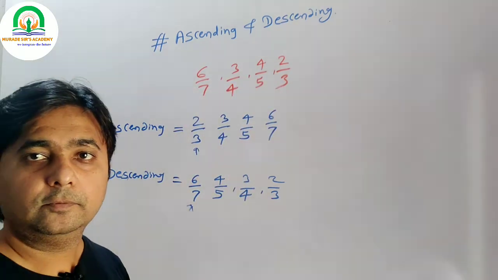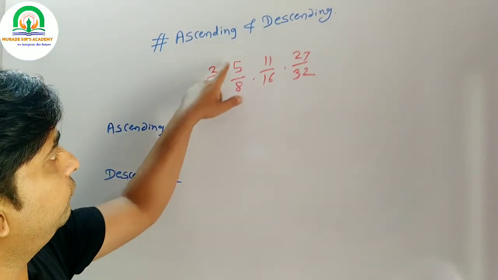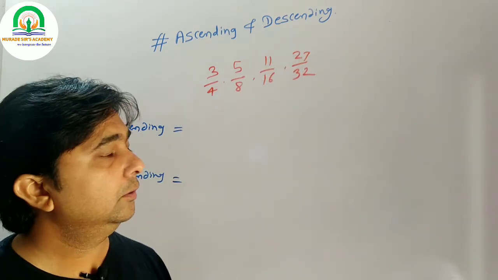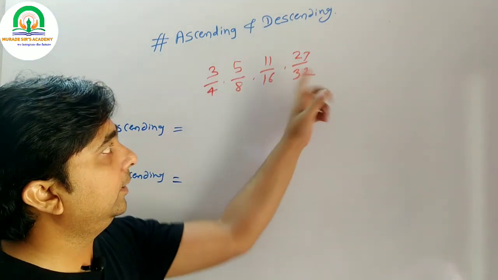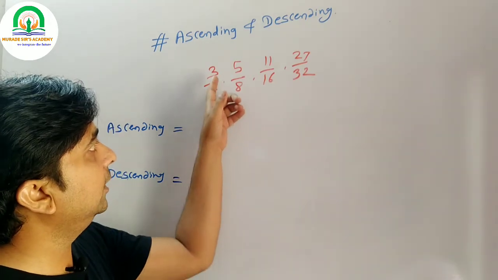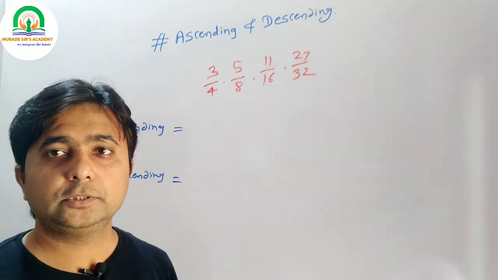Okay, we will take the next type: 3 upon 4, 5 upon 8, 11 upon 16, 27 upon 32. In this there is no same numerator, no same denominator, and the denominator is not greater by the same difference for the whole sequence.